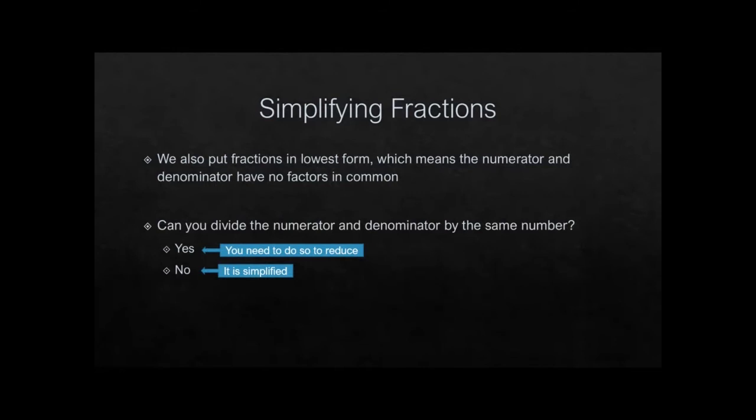So when you look at a fraction, you have to ask yourself, can I divide a number out of the top and the bottom? Can I divide the top by 2 and the bottom by 2? If yes, then you need to actually do that division so that you can reduce it. It's not simplified, you have to reduce it. If not, if there's nothing you can divide out of the top and the bottom, they have nothing in common, then it's simplified and you don't have to do anything else.